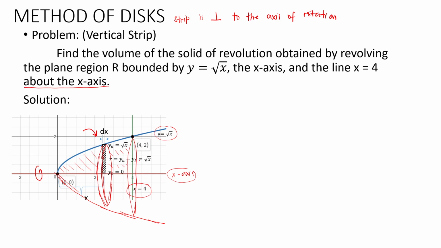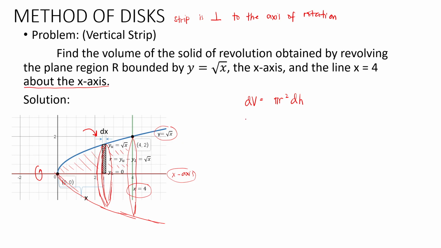Okay. So again, by formula of the vertical strip, since we are utilizing the vertical strip, that will be pi. So again, if we try to derive the formula, para makita ninyo ang left portion or ang bottom portion. So again, differential volume is equal to pi r squared differential height.